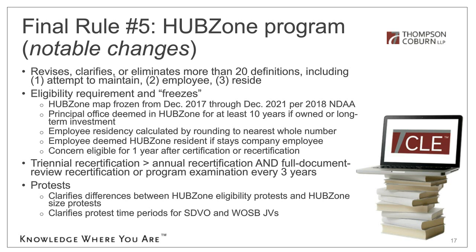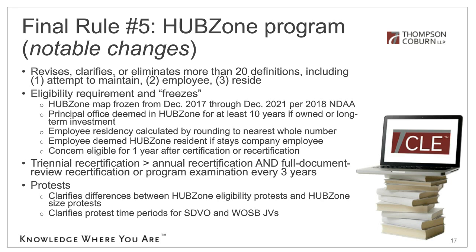SBA, though, took that message a little bit further, and they said that a principal office would be deemed to be in a HUBZone for at least 10 years if the company owned it at the time of certification, or had a long-term investment in it at that time of initial certification.